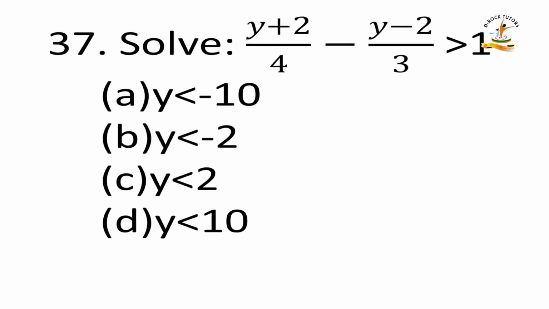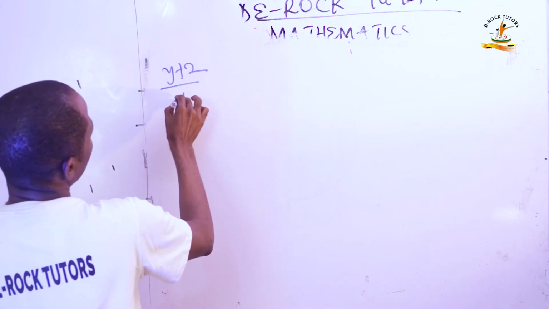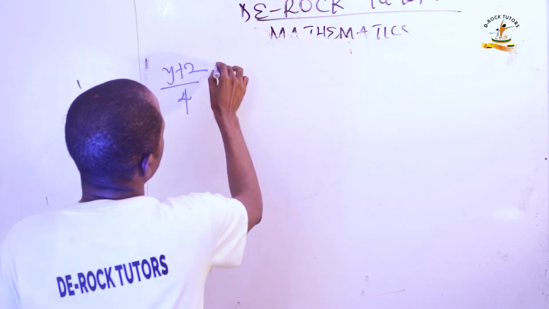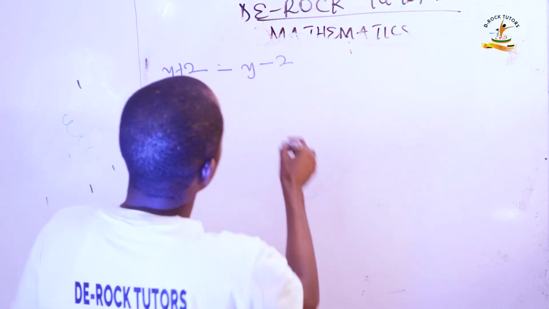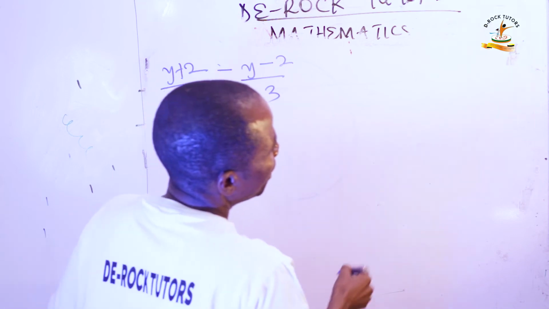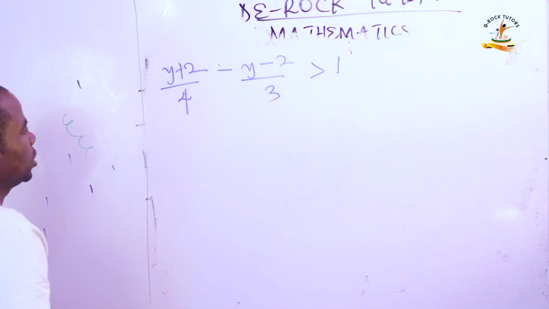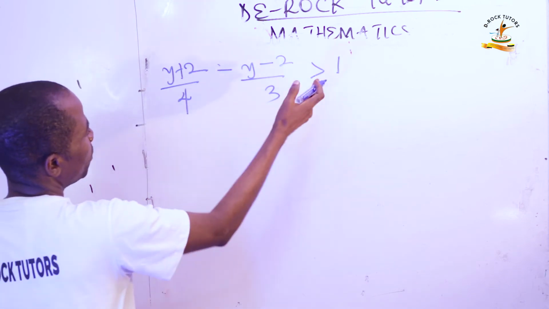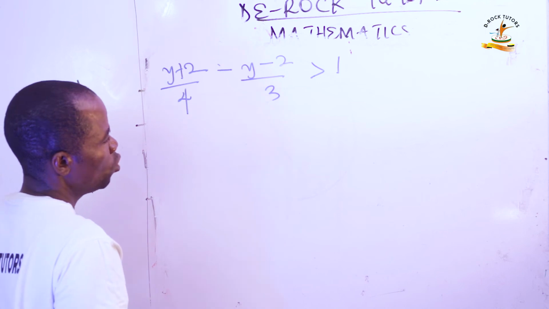We have to solve this inequality. y plus 2 all over 4 minus y minus 2 all over 3 greater than 1. To make things easier for ourselves, we can multiply through by the LCM of 4 and 3. That will be 12.